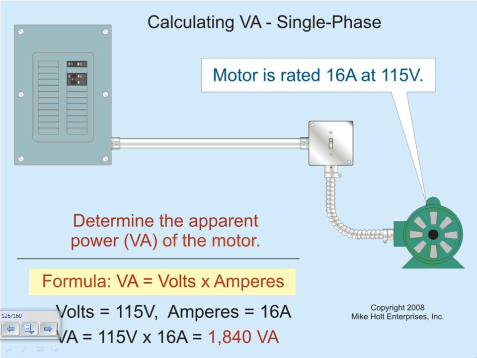So for example, if I have a motor that's running at 15 amps, a 1 horsepower motor rated for 16 amps, then this motor is consuming out of the system this amount of volt amps. What's the power factor of this motor?